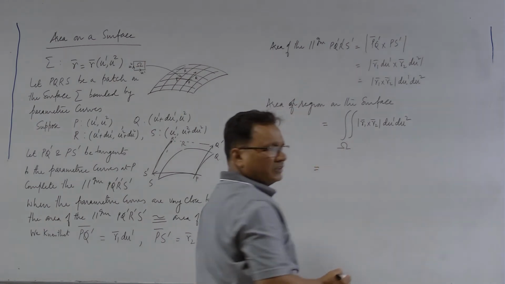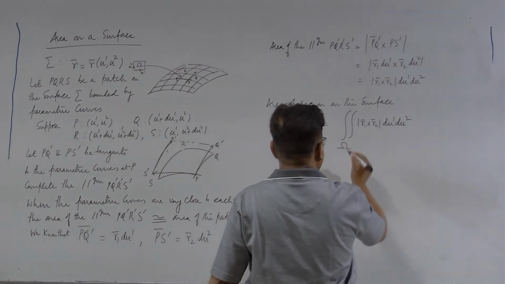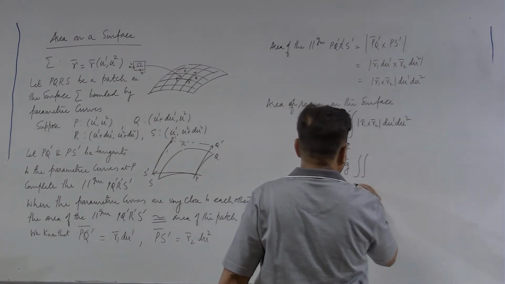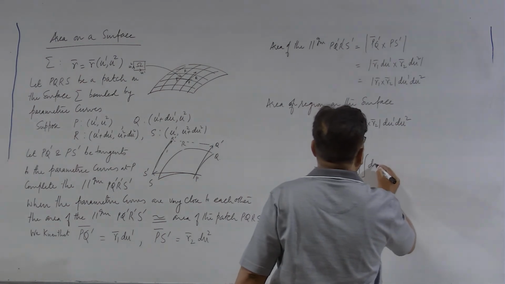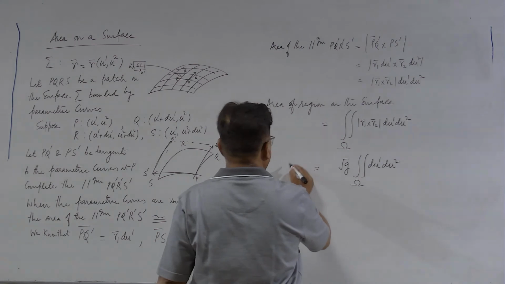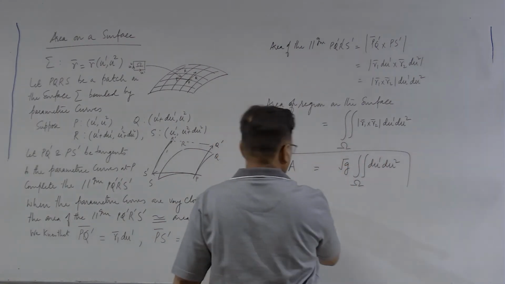This r1 cross r2 is root g, an invariant of the surface. So, this will come out as root g into the integral over omega du1 du2. This is how we compute the area of a region in a surface.